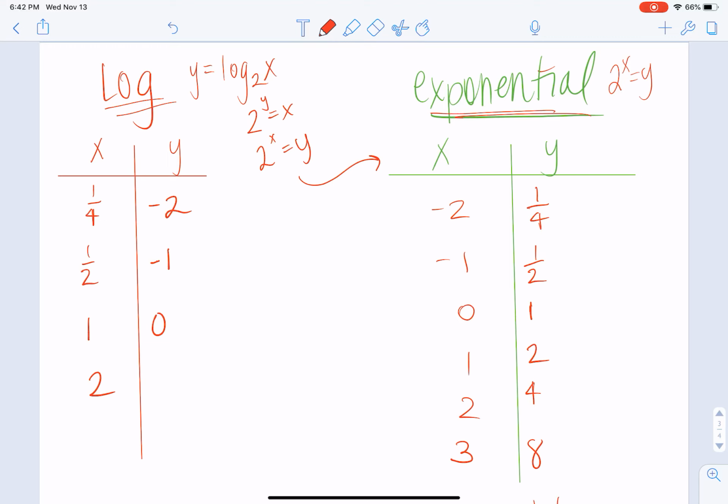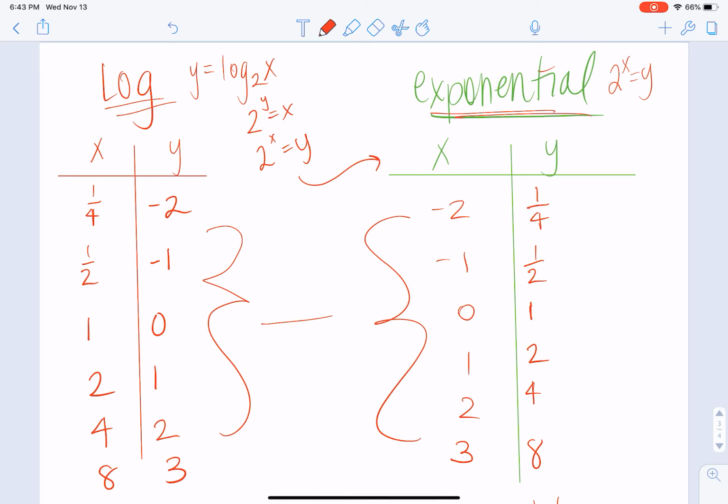I can input 1 and get out 0, input 2 and get out 1, input 4 and get out 2, and input 8 and get out 3. If you look, these y's match these x's, and these x's match these y's. So I just flip-flopped.